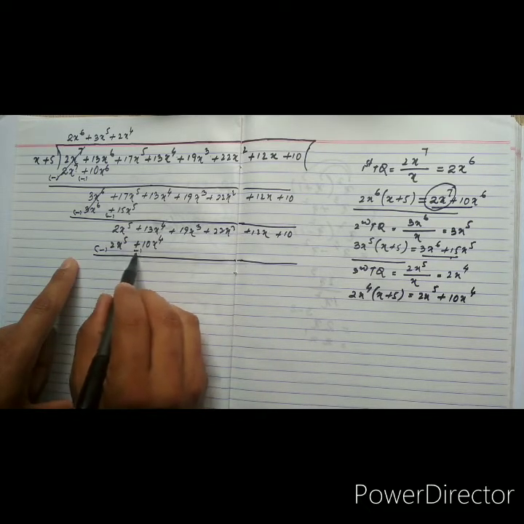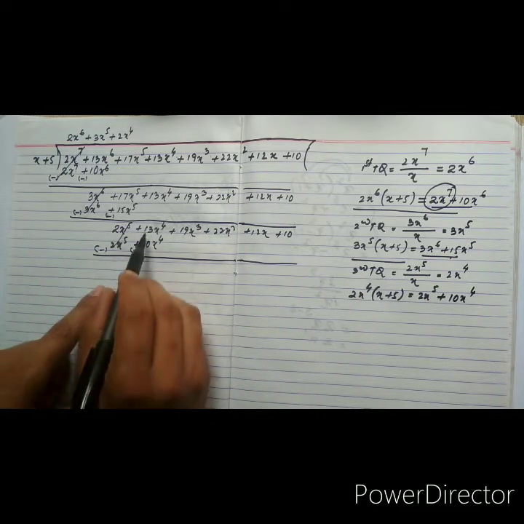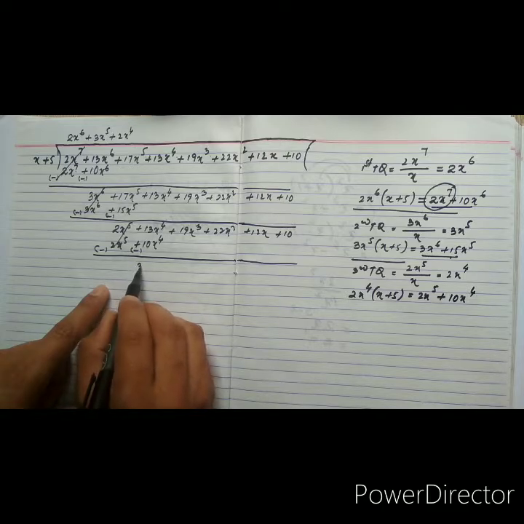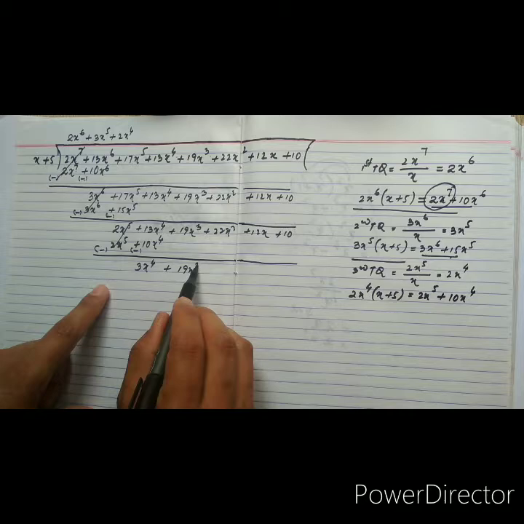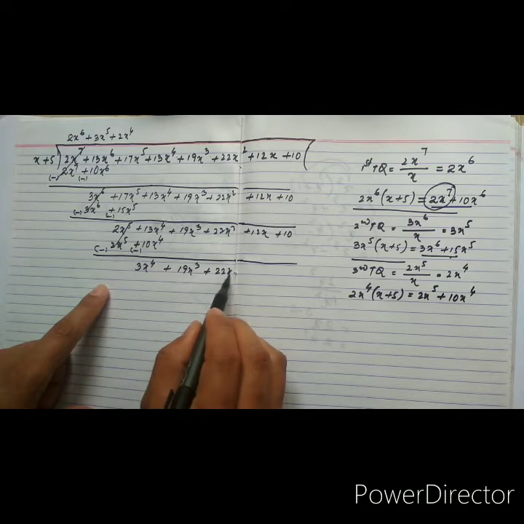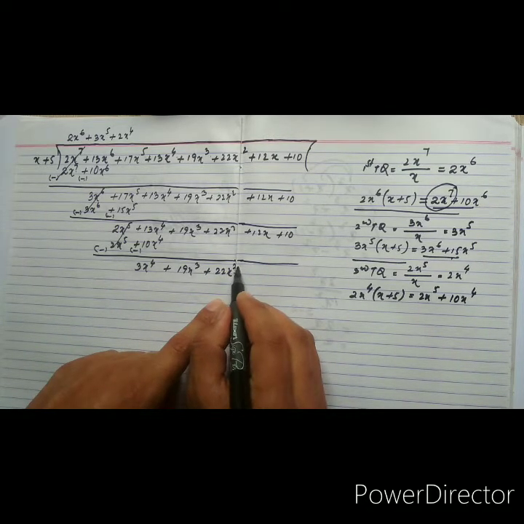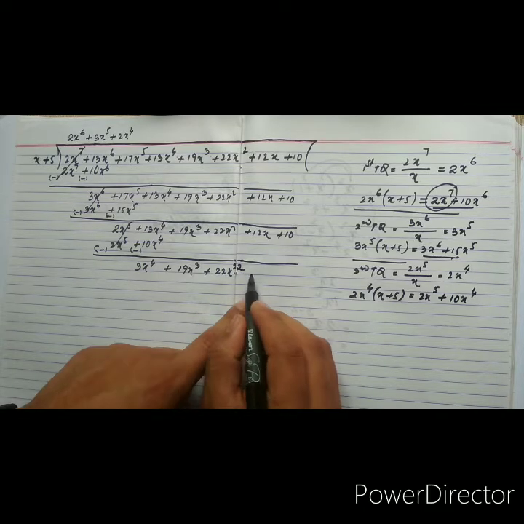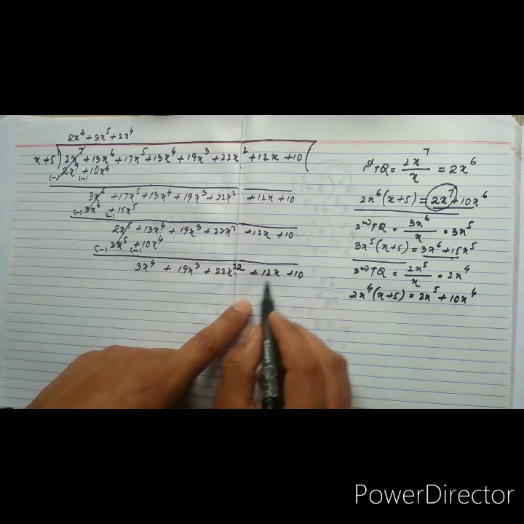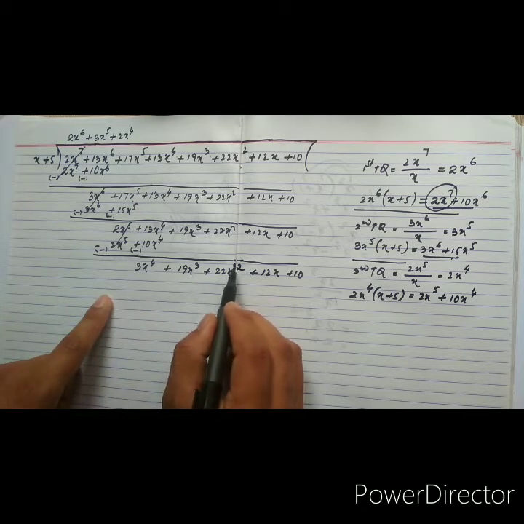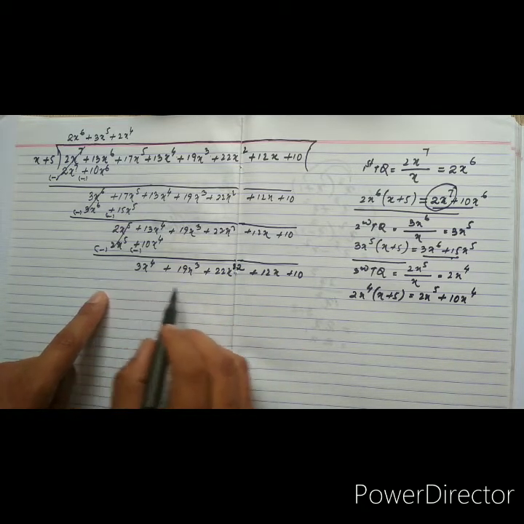Here minus, so we can cancel them. 13 minus 10 gives 3x^4 plus 19x^3 plus 22x^2 plus 12x plus 10. Please don't get confused with this, it is just 2 only.